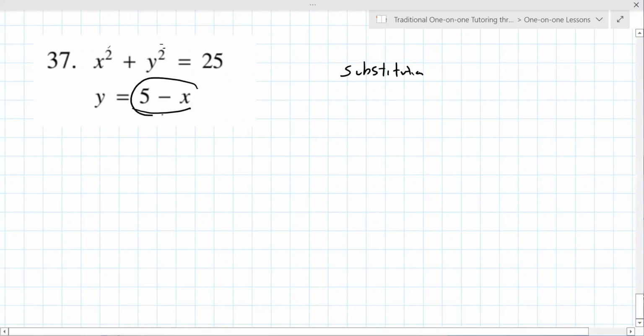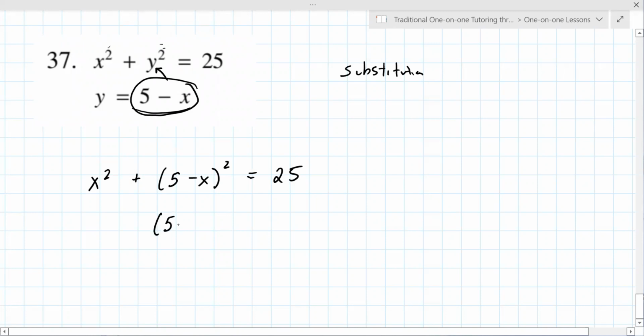So this 5 minus x, see how it's already solved for y in the second equation? That's going to go in for y. You could solve it for x. You will get the same result, but you have to be comfortable substituting for either variable. Okay, now this next step is key.